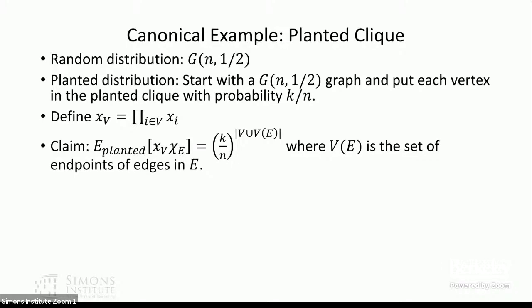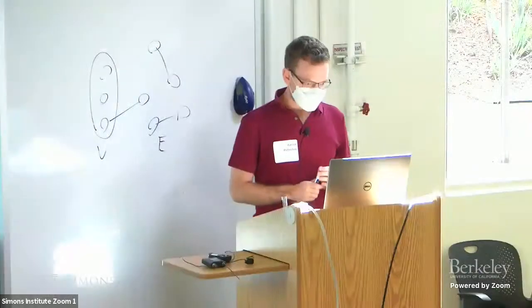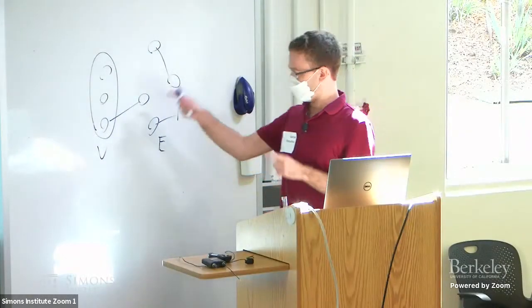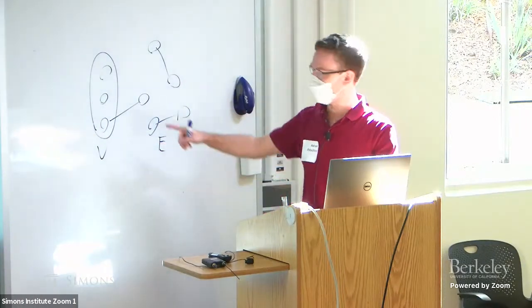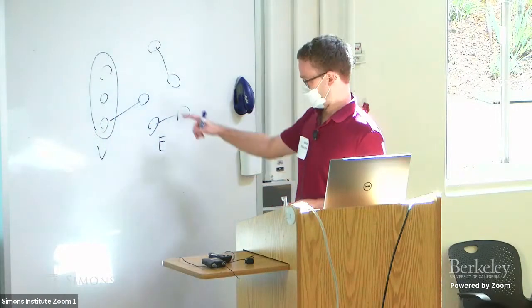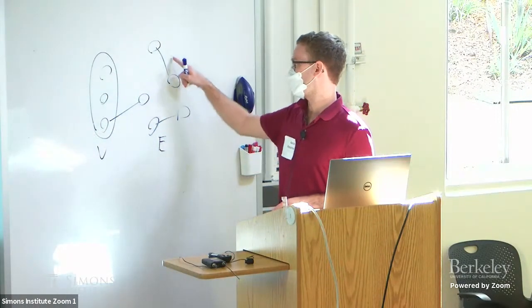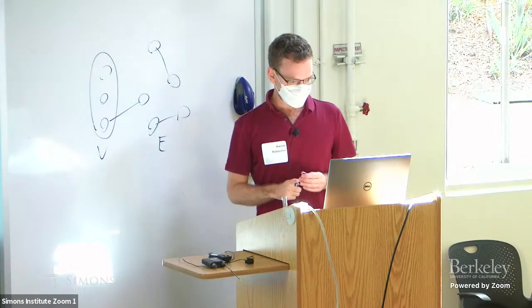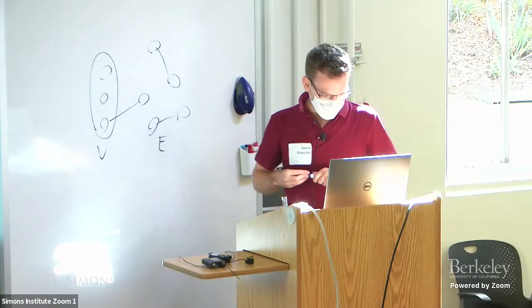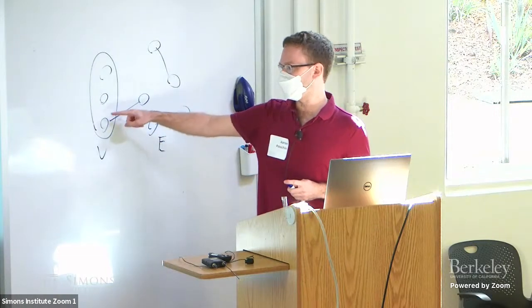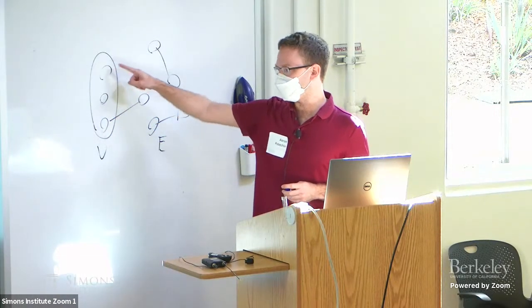So the reason is that if all these vertices are in the planted clique, then xv is 1, and all the edges are present, so chi_E is also 1. If some vertex v is not in the planted clique, then xv will be 0.